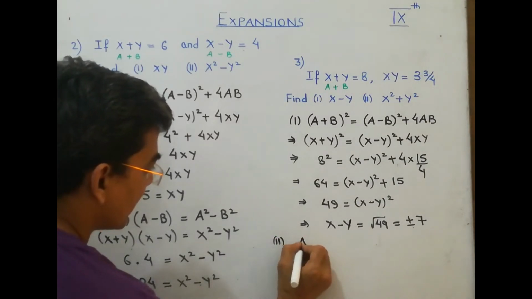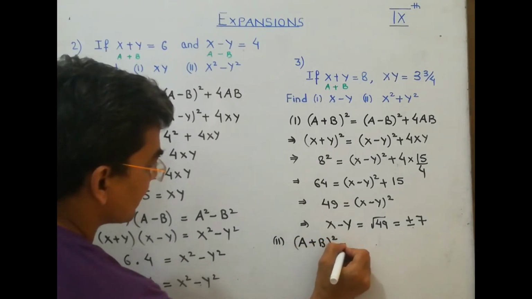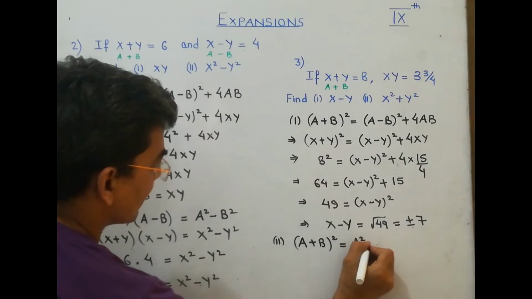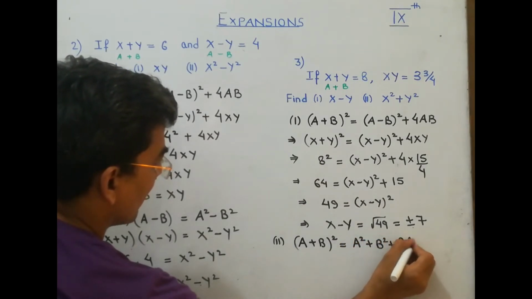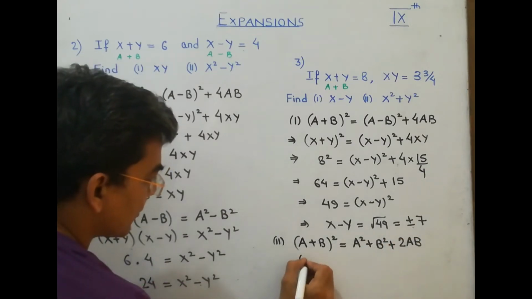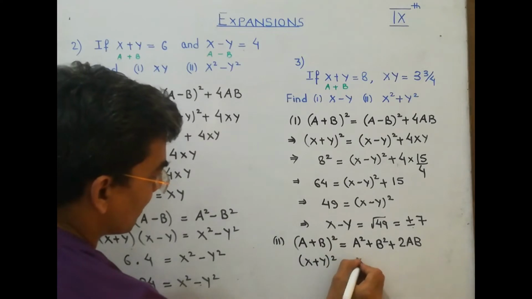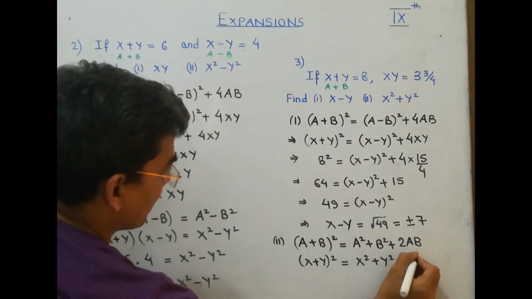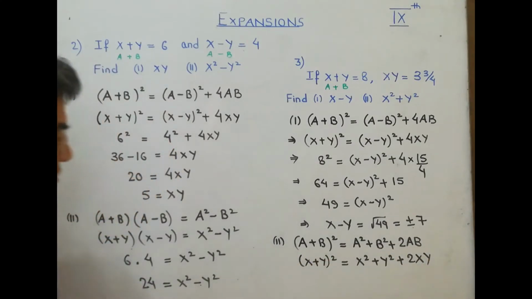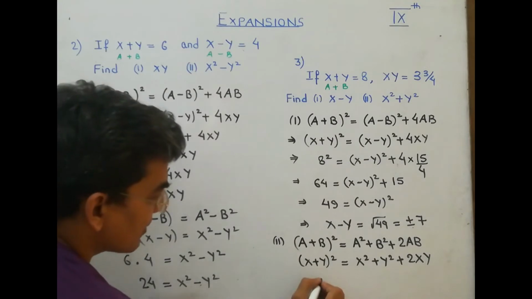So we are applying a plus b whole square. Substituting x and y. And now we will substitute the values. x plus y is 8.